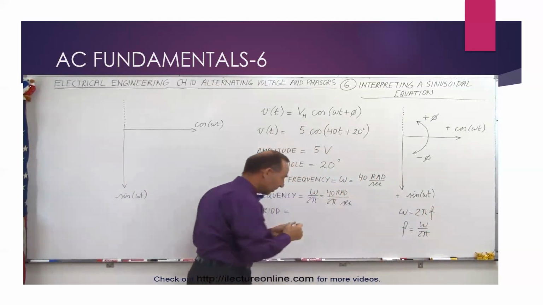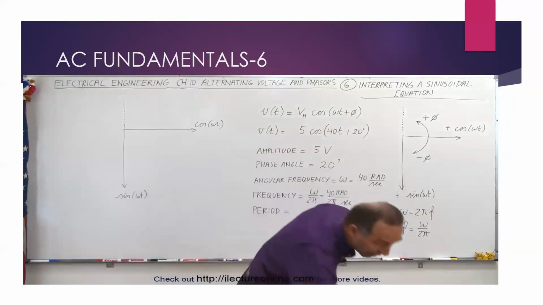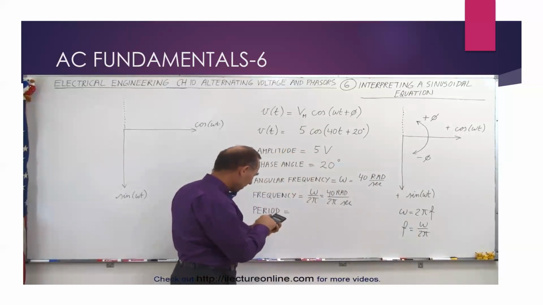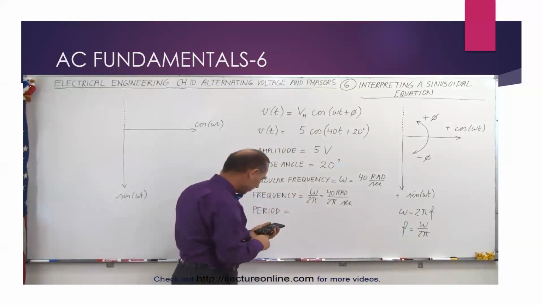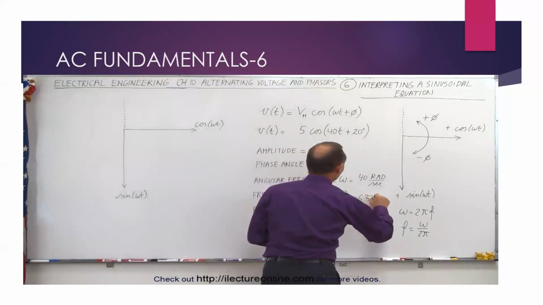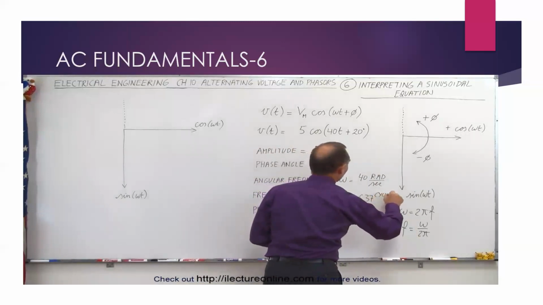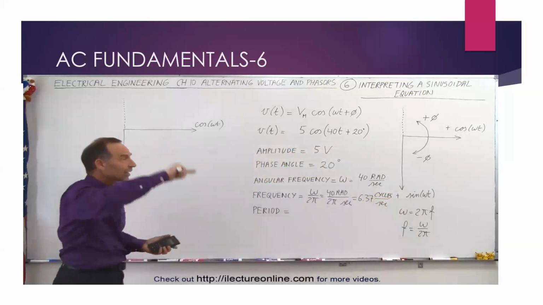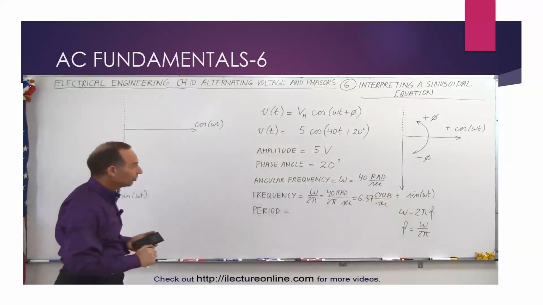That would be 20 divided by pi, and the units now become cycles per second. So 20 divided by pi equals 6.37 cycles per second. A cycle is one complete cycle of the oscillatory function.